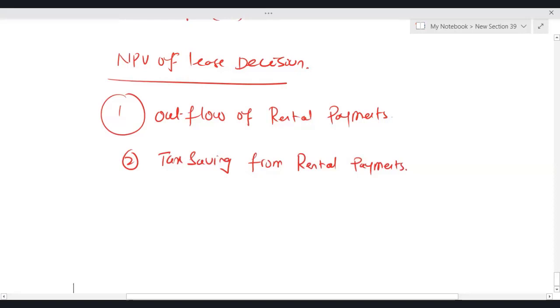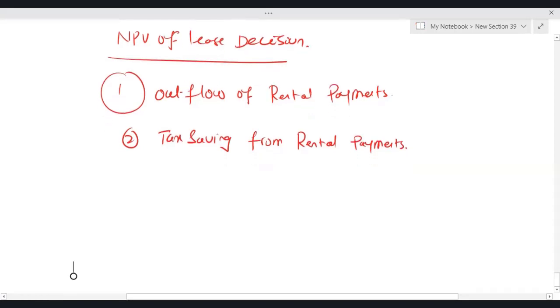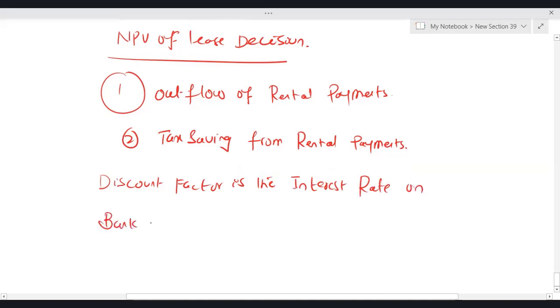What will be the discount factor? Let me tell you. Discount factor is the interest rate on bank loan.